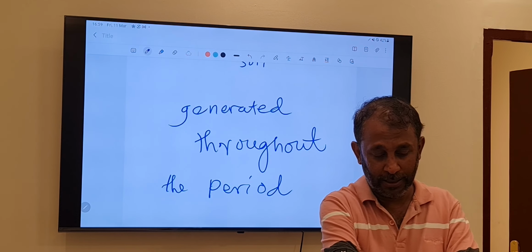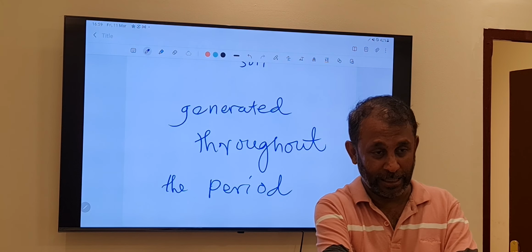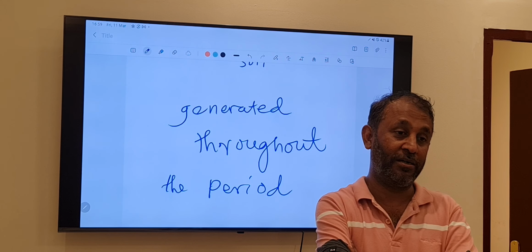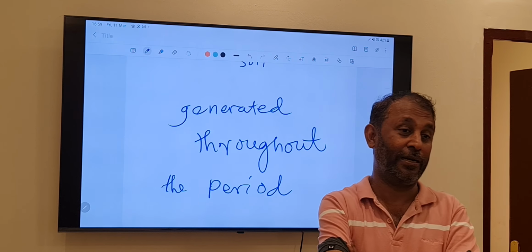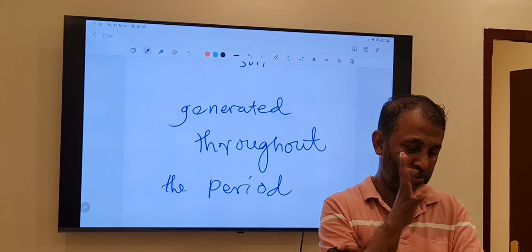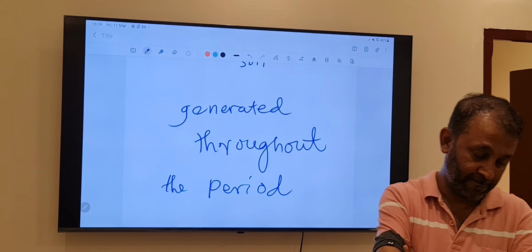So that is income. You can give many examples: sales, turnover, then interest income, dividend income, royalty income. You can think of writing all this. So these are income. Then expense.